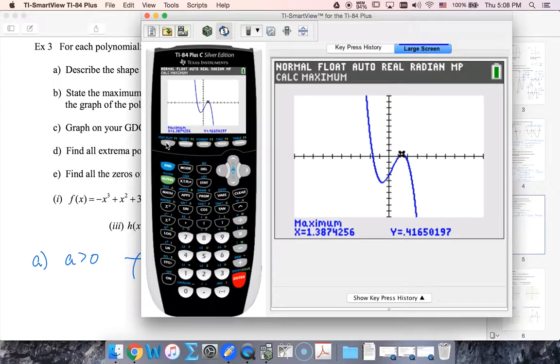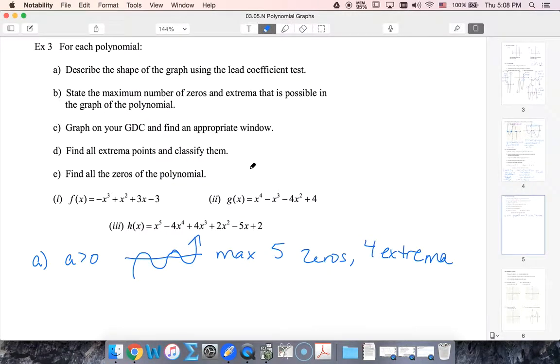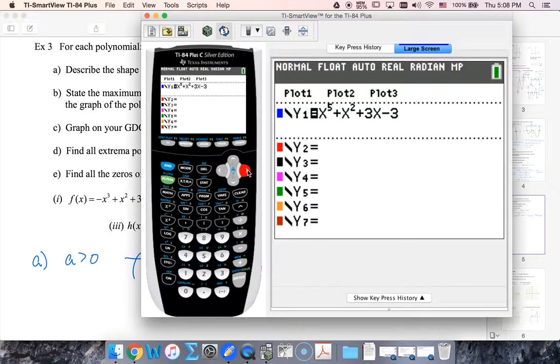So let's go into our y equals, and now we've got x to the 5th, and then we've got minus 4x to the 4th. So I'm going to insert, and then plus 4x cubed, I'll insert that also.